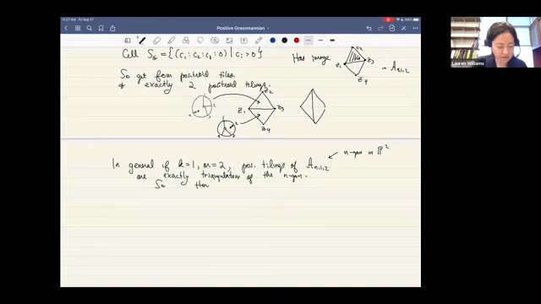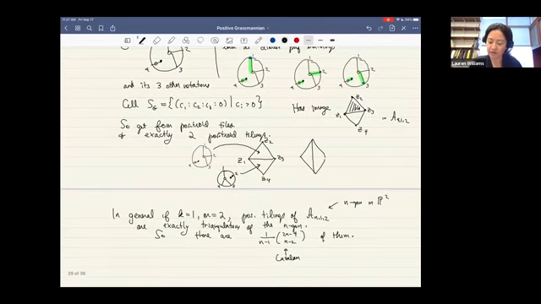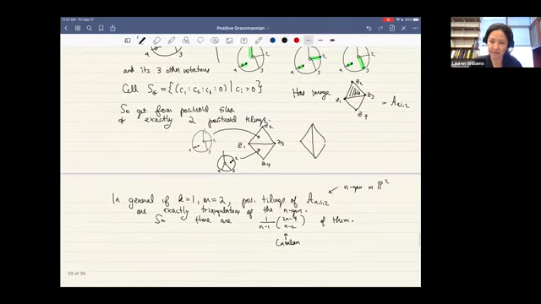So there are the Catalan number of them. Okay, so I hope the notion of positroid tile and tiling is clear.